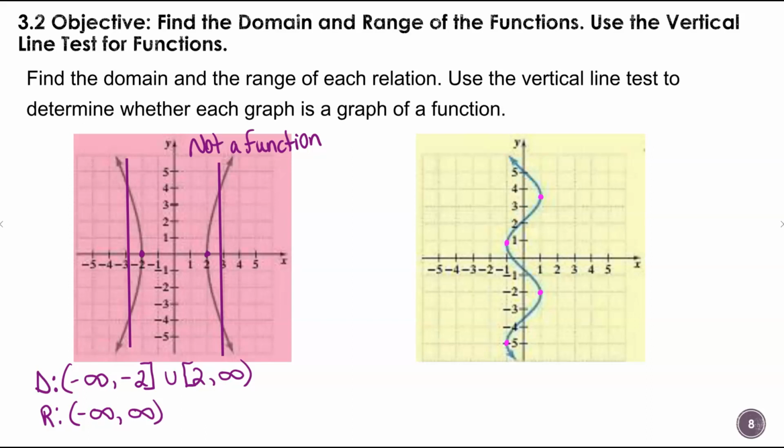If I draw vertical lines through this part, you can see a vertical line intersects several times, and it's going to continue on in the same way. And so we can tell right away that this is not a function because I have repeating x-coordinates. Not a function.